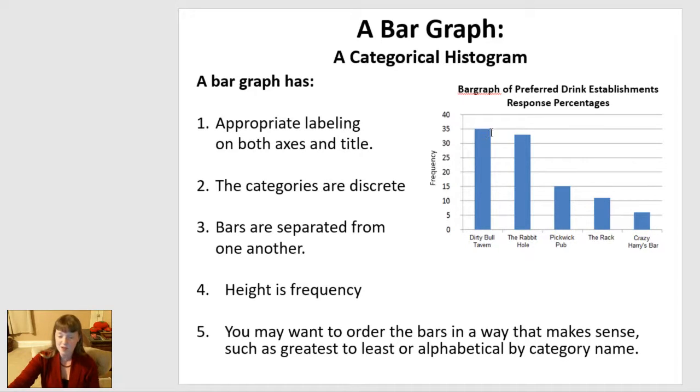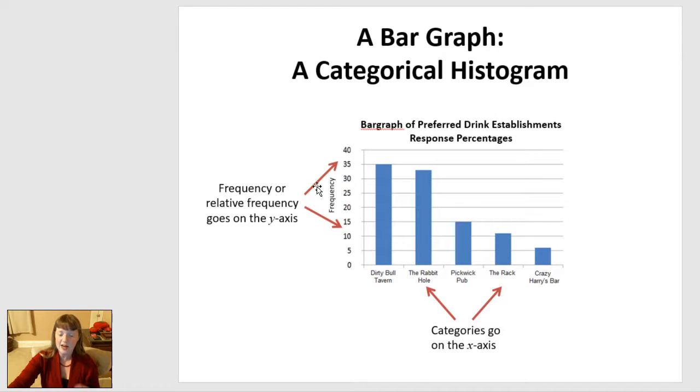But the height of the bar still represents the frequency, right? Where we can see that the Dirty Bull is much higher, more people chose it, than anyone chose Crazy Harry's Bar, right? It's just a categorical histogram called a bar graph, where again, how frequently a category occurred goes on the y-axis, and the actual category names go along the x-axis, where now we keep the bars separate.